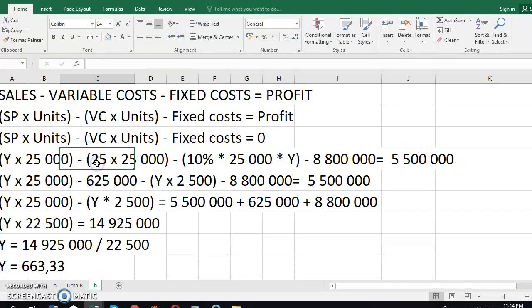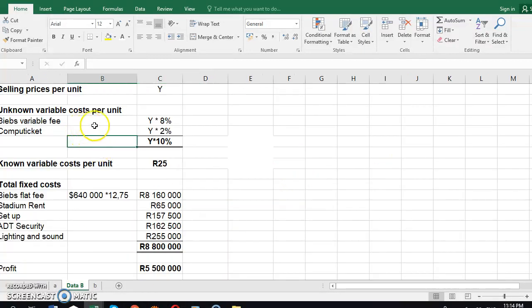Alright. Then I have effectively two types of variable cost. The known variable cost, which is the glasses, so it's 25 rand times the 25,000 units. And the unknown variable cost, which is the 8% plus the 2% times the 25,000 units times the selling price. Because remember, the CompuTicket fee and the Justin Bieber fee is 10% times the selling price.